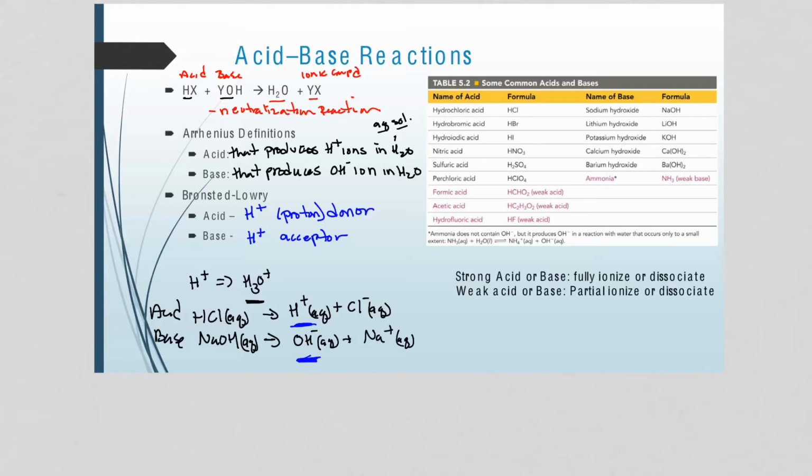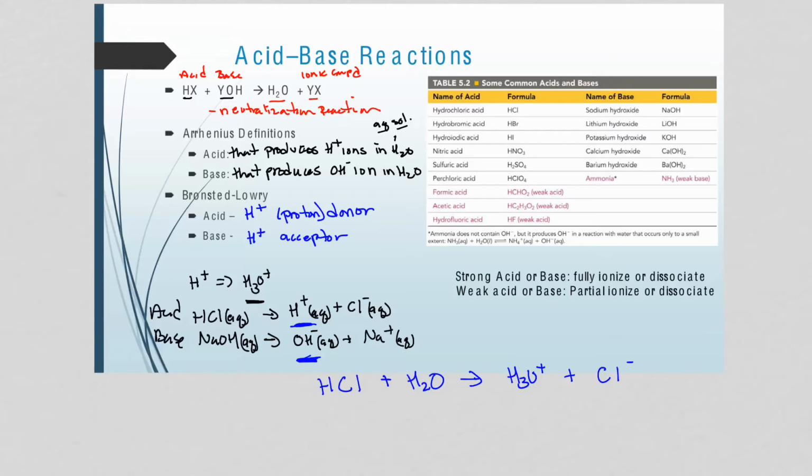So just to give you a quick example here, if I were to look at, say, HCl dissolving or reacting in water, as described, and it formed hydronium and Cl minus.